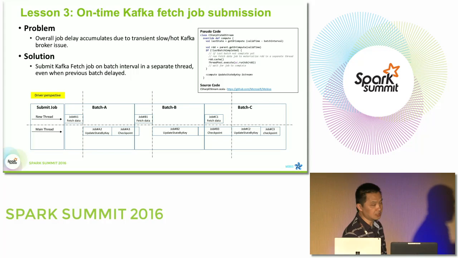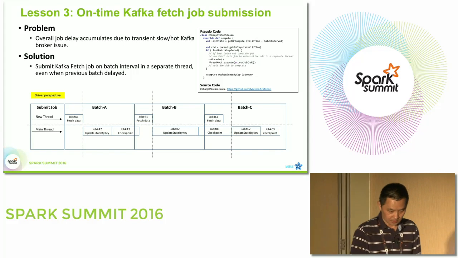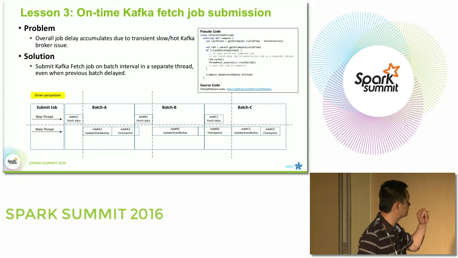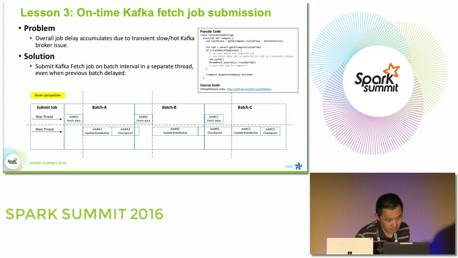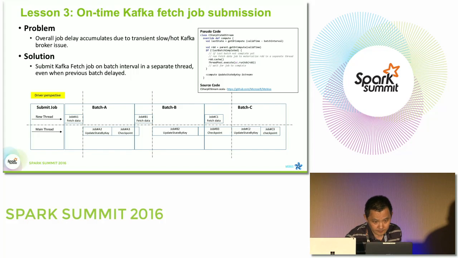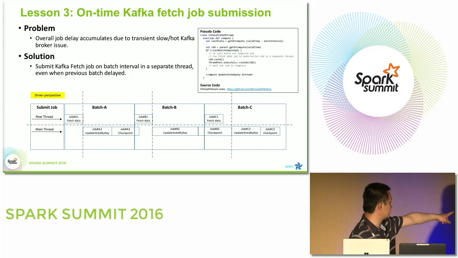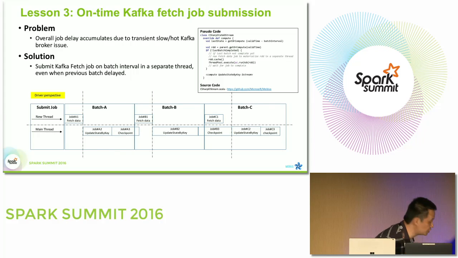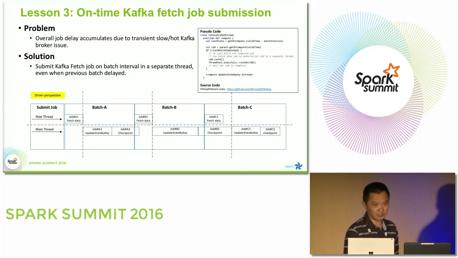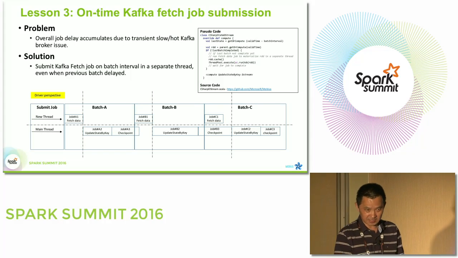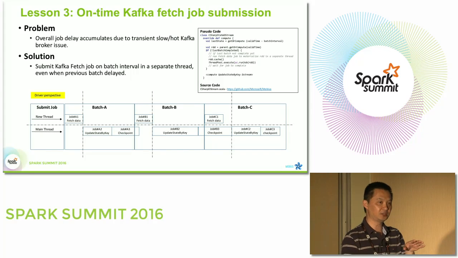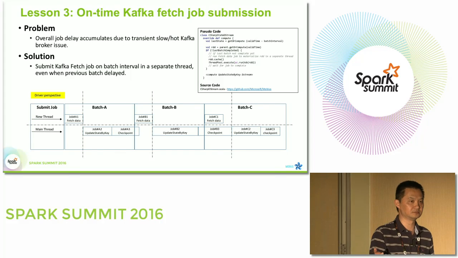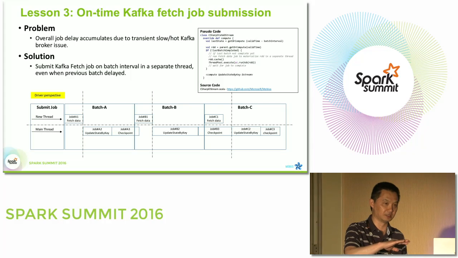Yeah, so actually not. The batch ordering logic is not being touched. If you look at the procedural code, the Kafka data fetch job started on time, but that part is not the batch yet. We actually fetch the data during the job generation time, not runtime, so it's not part of the batch yet.